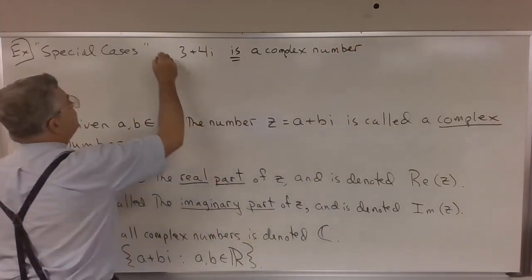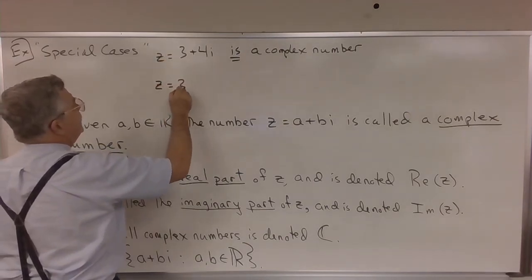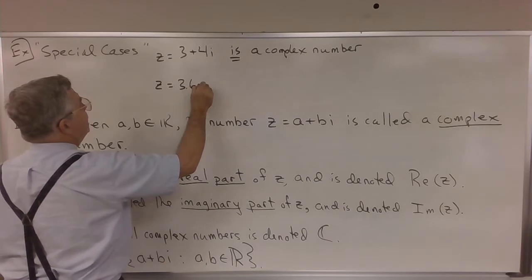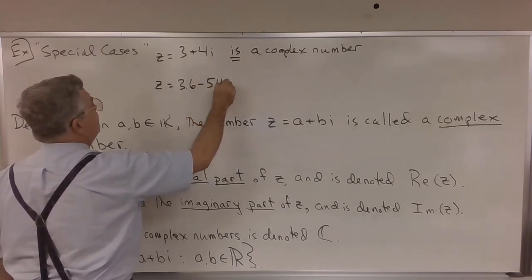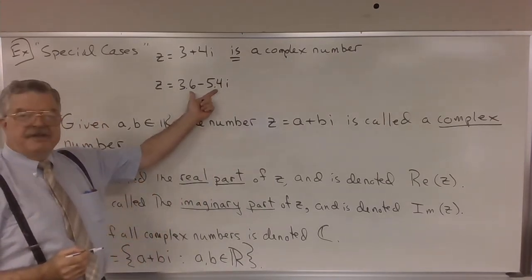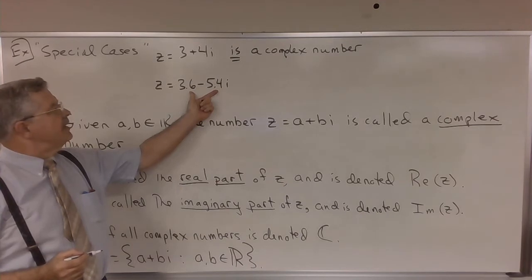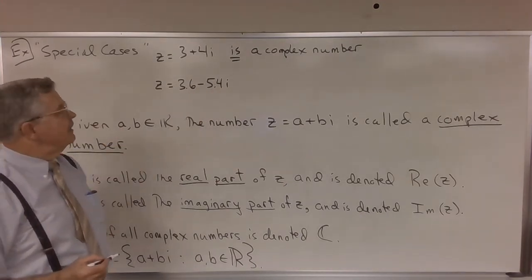Now, what about this? Z equals 3.6 minus 5.4i. Is that a complex number?